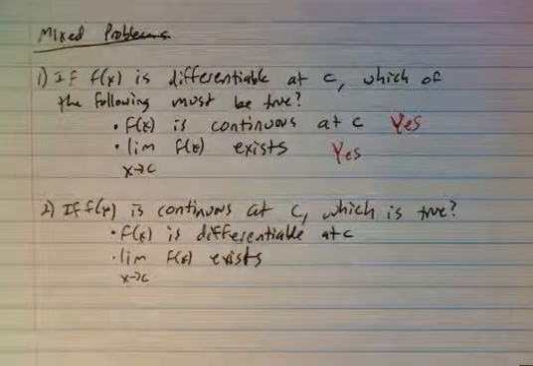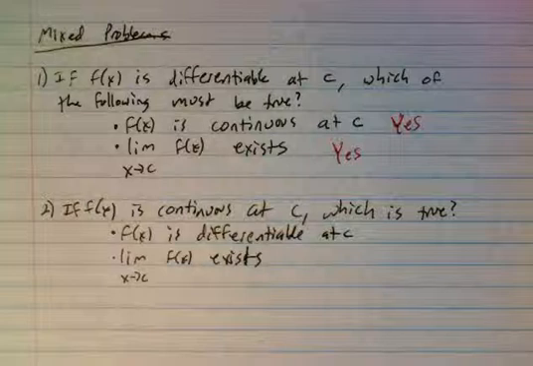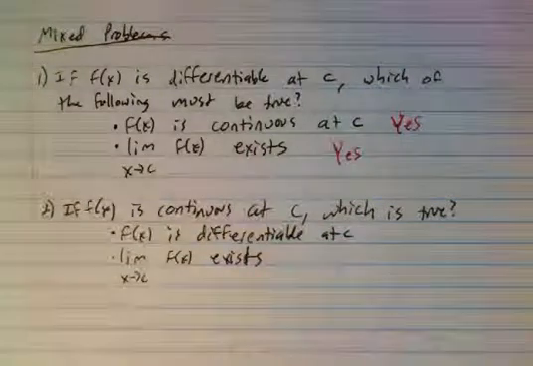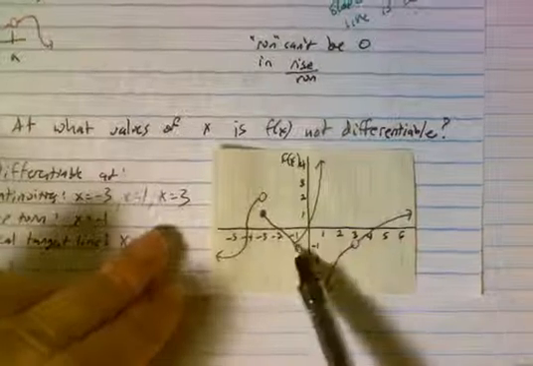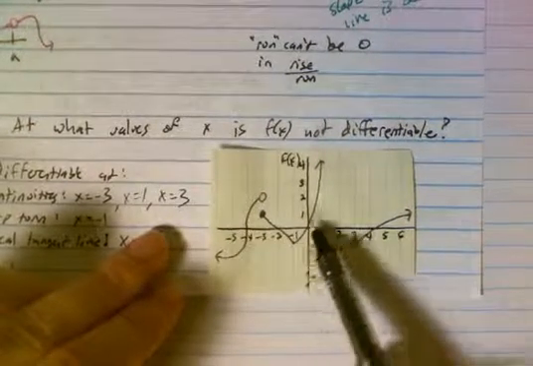Well, just because a function is continuous doesn't mean it has to be differentiable. If we went back to our little graph earlier, right here at this point, f of x is continuous. We don't have to lift our pen, but there's a sharp turn, so it's not differentiable.